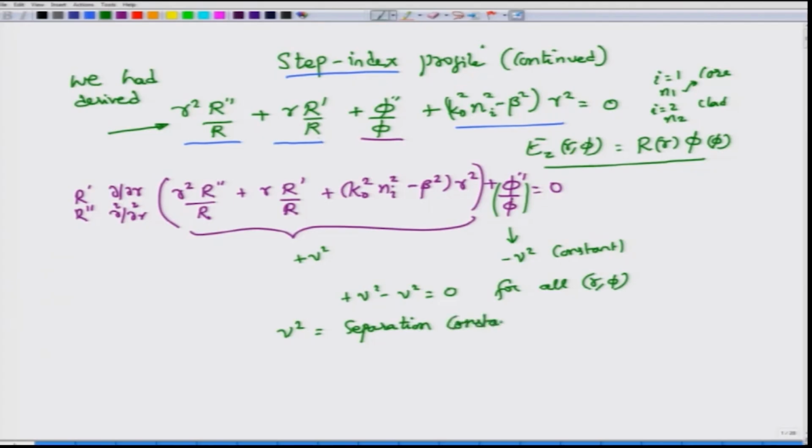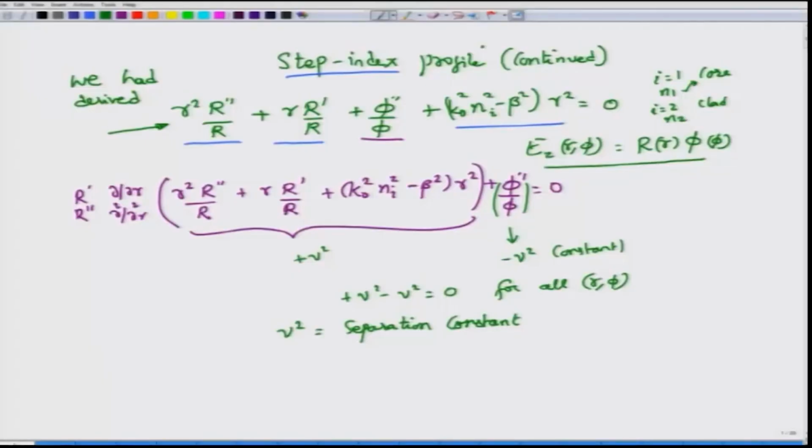Okay. That is the reason why we call this the variable separable method, because we separate the variables by writing the unknown solution as the product of functions of individual variables, and then when you look at the resulting differential equation, you have terms which are a function of only one coordinate and a function of another coordinate.